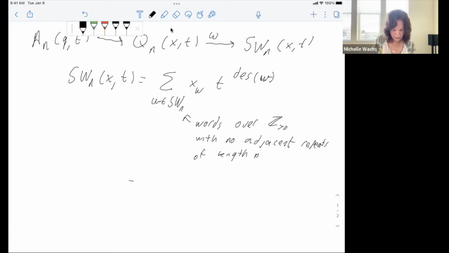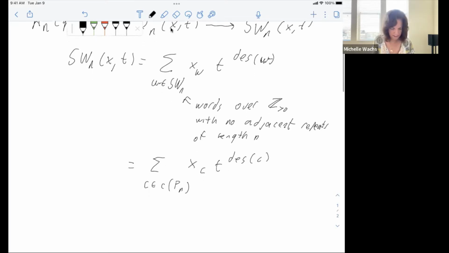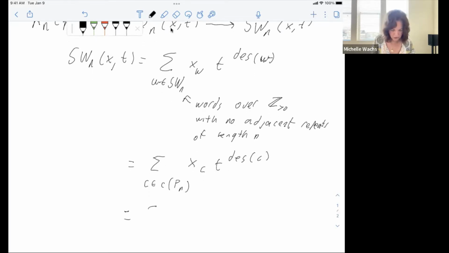And then we observe that this is the same as the proper coloring enumerator, the sum over C of x^C t to the descent of C. And that's also the same because we can read from right to left instead of from left to right, giving t to the ascent.